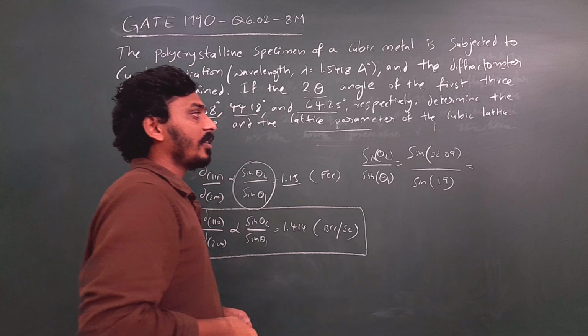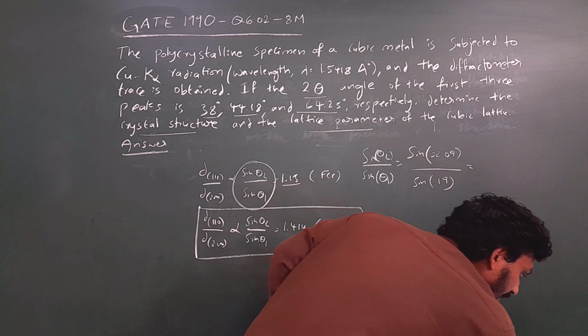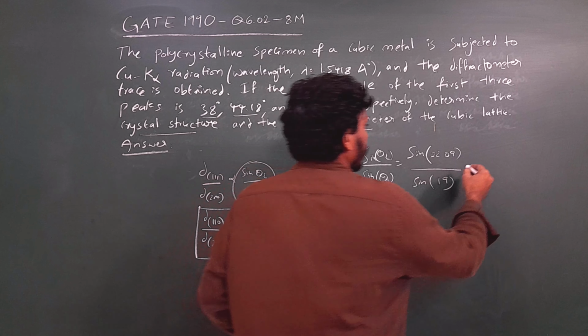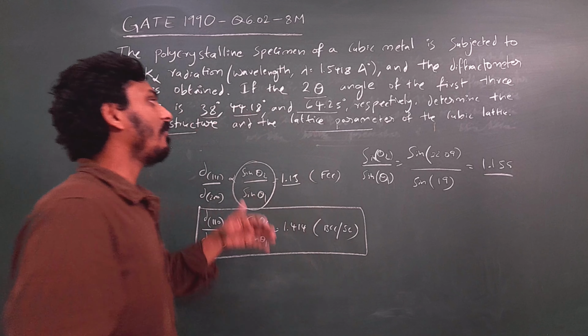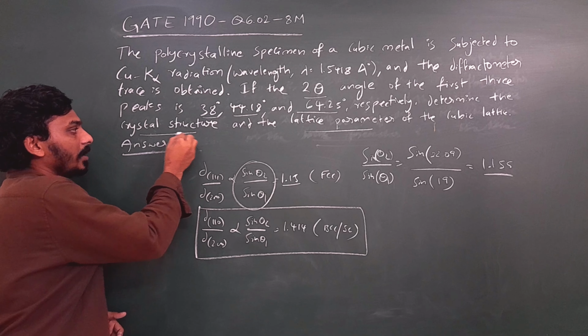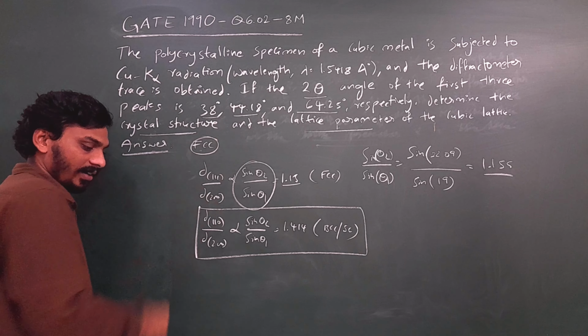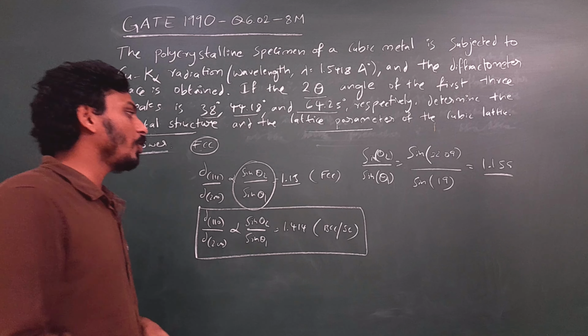If you check this value in our GATE calculator, it is 1.155. That means our cubic lattice is an FCC type. Now we know the cubic lattice.